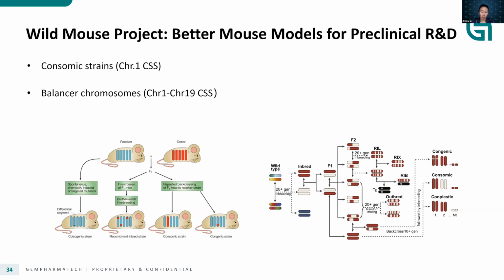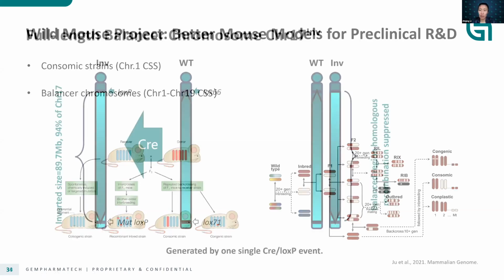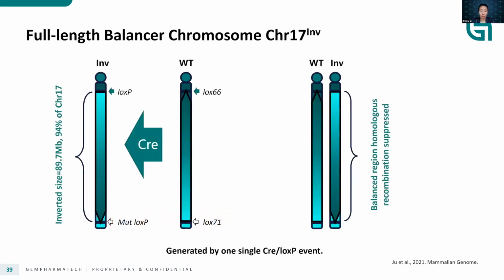So how to overcome that particular downside? What we were going to do is use a balancer chromosome approach. Let me tell you very quickly what a balancer chromosome is. Conceptually, focusing on the right side of the pair of chromosomes, the one on the left side is the normal one.